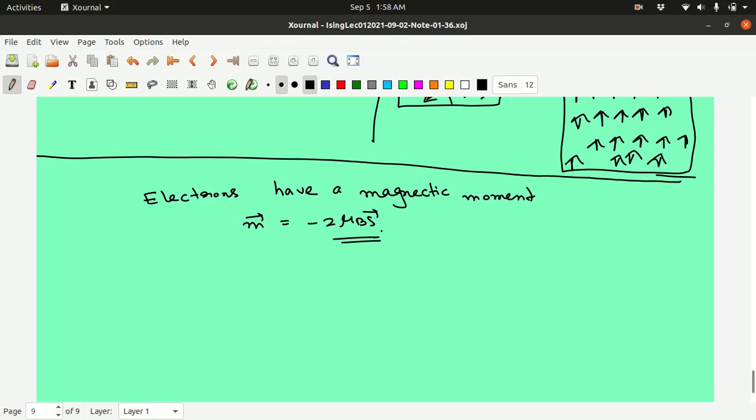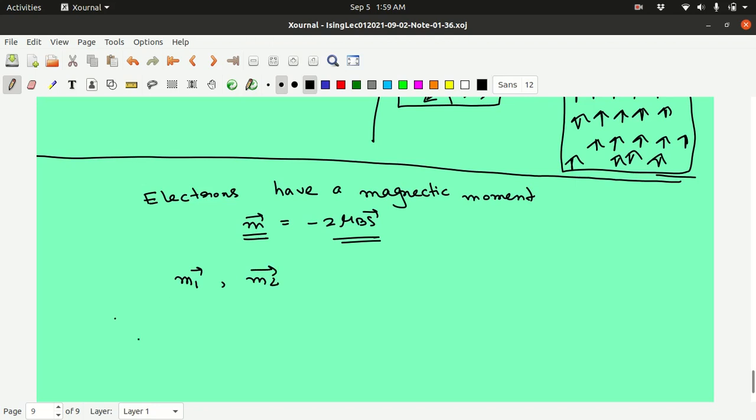So let me calculate the interaction energy of the dipoles. Let's say you have two dipoles, m1 vector and m2 vector, two magnetic dipoles separated by a distance r.